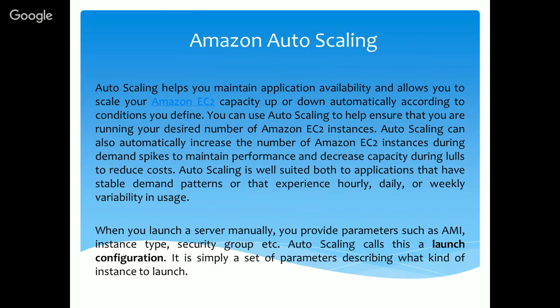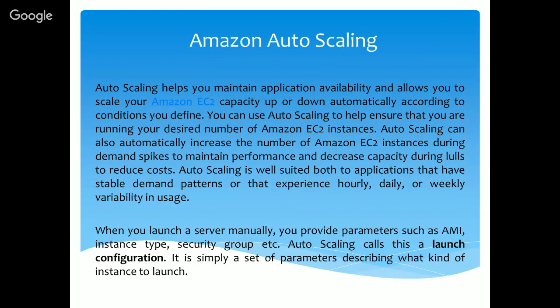You can use auto scaling to help ensure that you are running your desired number of EC2 instances. Let's say you're running a web application that at any time needs a minimum of two instances. You can make sure with the help of auto scaling that at any given point of time you always have that many instances. And again, you can scale up and down.